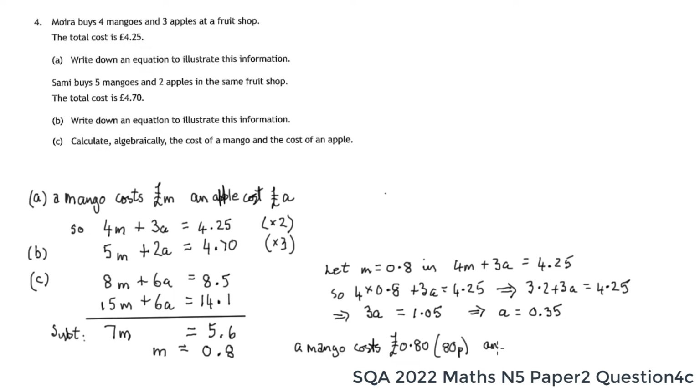An apple, well, apple costs 0.35 pounds. That's 35 pence. So algebraically we've found, because we've solved equations, the cost of a mango, 80 pence, and an apple, 35 pence.